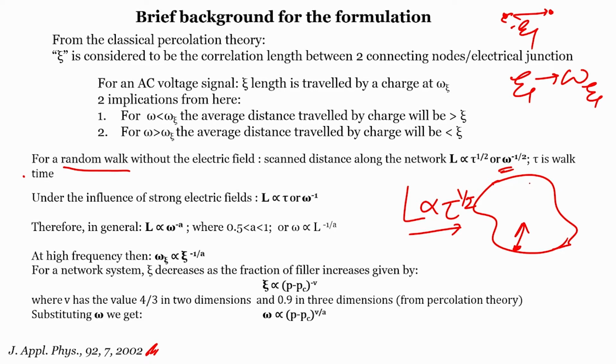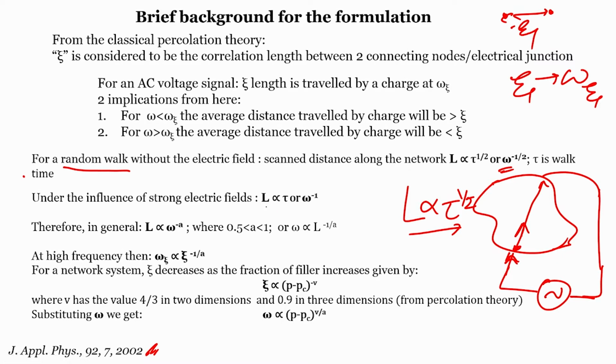Now under the influence of an electric field, there will be an associated direction, because you are forcing the charge to move in a particular direction. You are applying a voltage from here, and then the circuit goes to completion from here. Let us say this is AC, or you can consider the same thing for DC. The charge will be forced to travel from this path to this path.